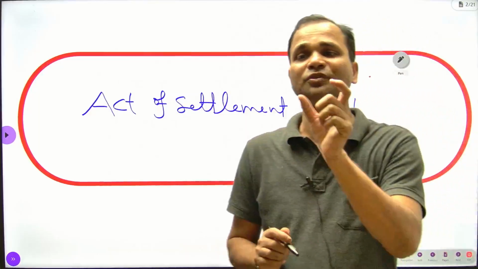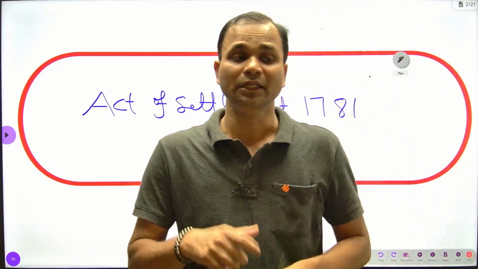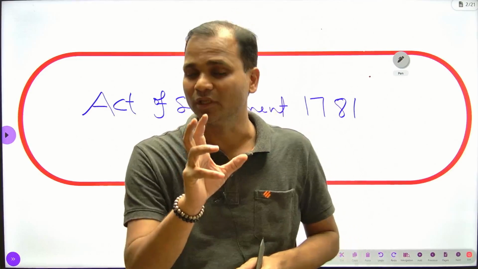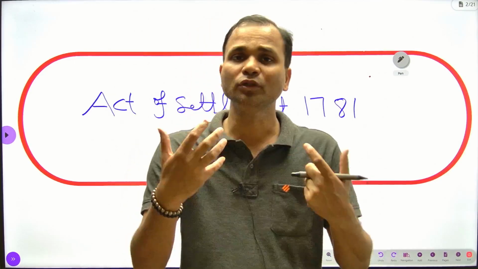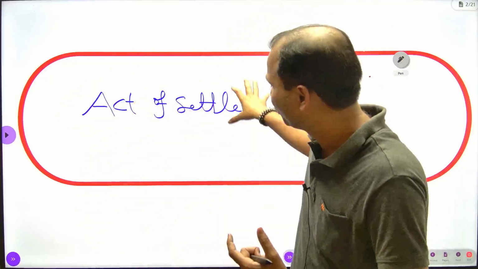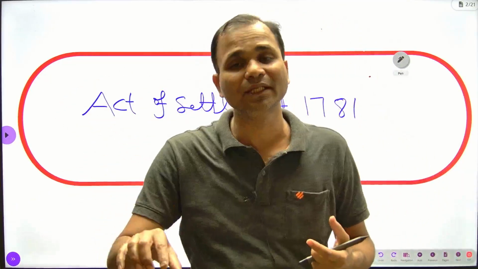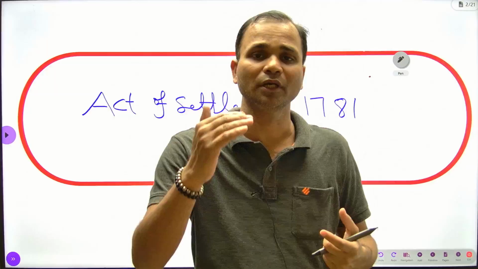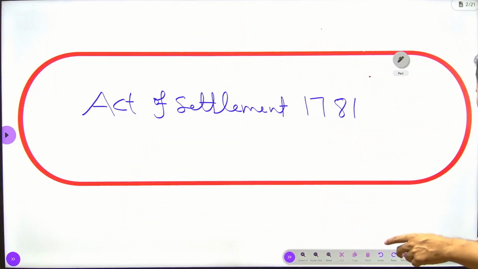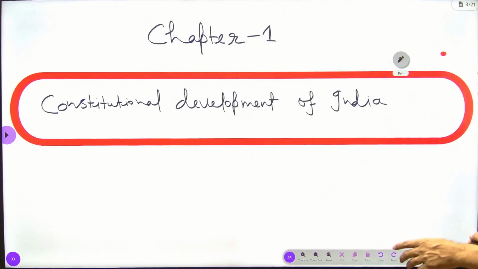The sum and substance of this act is that it has also increased the power of the Governor General. So how was the power of the Governor General increased? If you study the points of this act, you will realize how the power of the Governor General has increased. So we will discuss the points of this act.